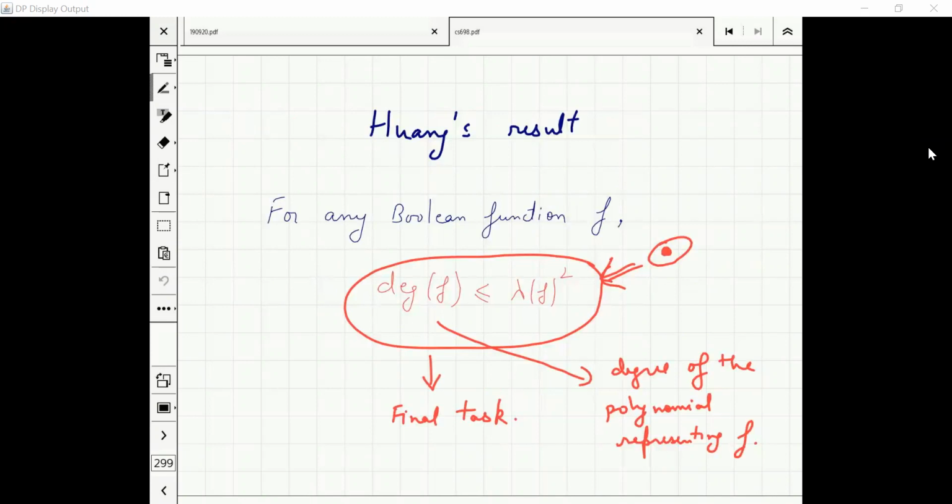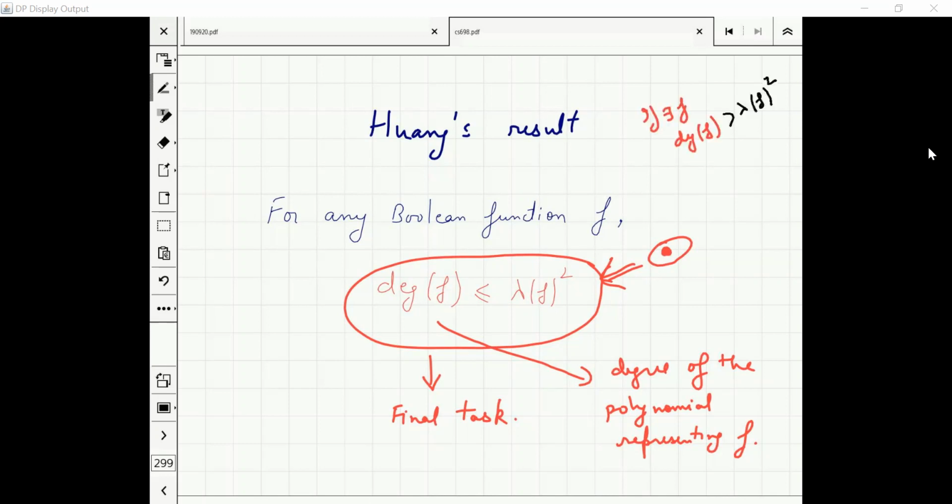Okay, first, let me ask you this. If Huang's result is not true, that means there exists a function whose degree is more than lambda f square. Right, for the sake of contradiction.